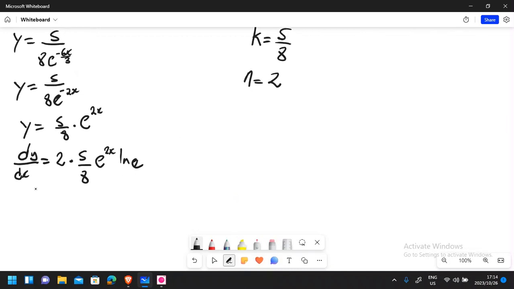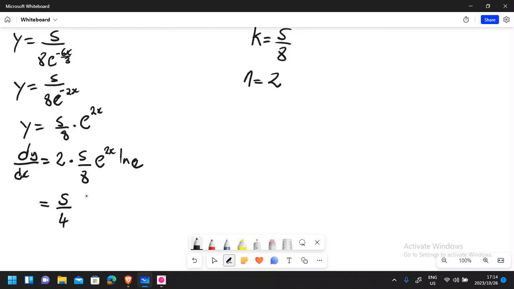Okay, so from here we can continue. Look, this 2 and that 8 have something in common. If you divide by 2 throughout, this can be 5, and then over 8 divided by 2 is going to give us 4, right?